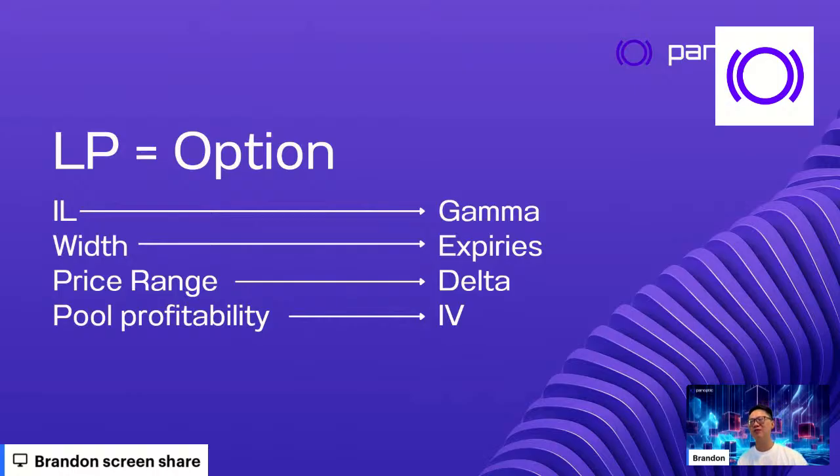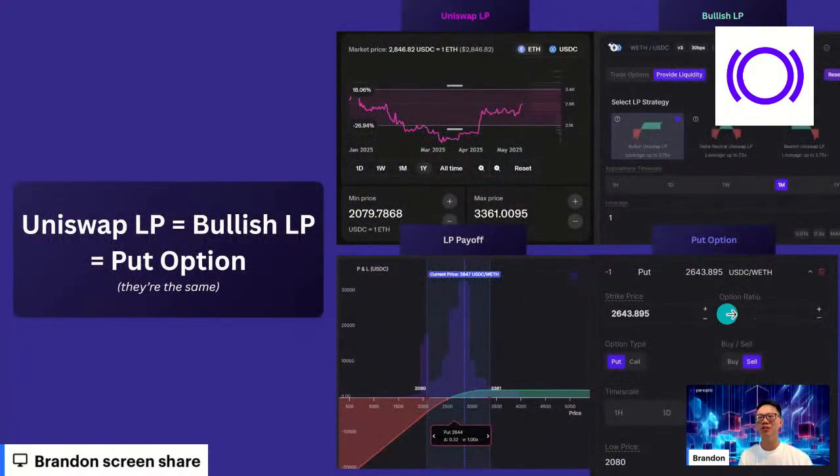You're less confused about this theoretical loss against hodling and have a more concrete concept of, what is my gamma? Do I want a lot of gamma or a little bit of gamma? Do I want to stay delta neutral for longer and hedge less, or do I want to stay delta neutral for shorter and have to hedge more? These are the types of questions you could be asking as an options trader and bring to the table when you LP.